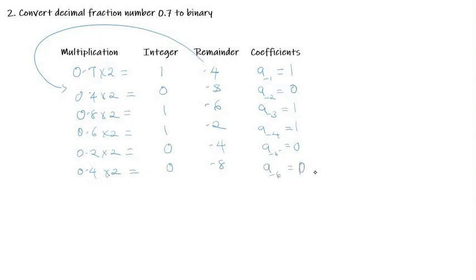The same procedure: 0.8 multiplied by 2 is 1.6. I write 1, remainder 0.6, and a minus 7 is 1. Then 0.6 multiplied by 2 gives 1.2. I write 1, and then I have 0.2, and a minus 8 therefore is equivalent to 1.